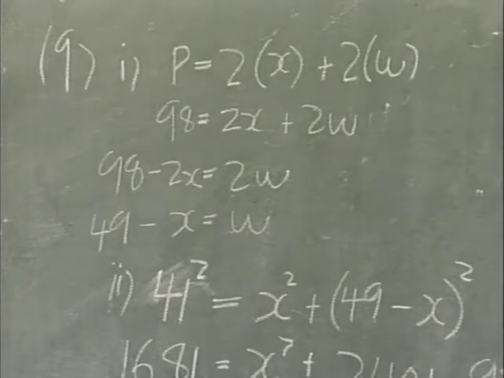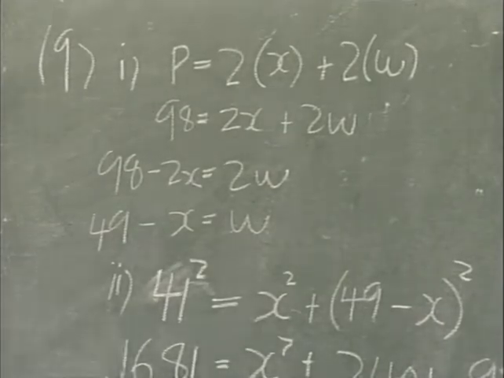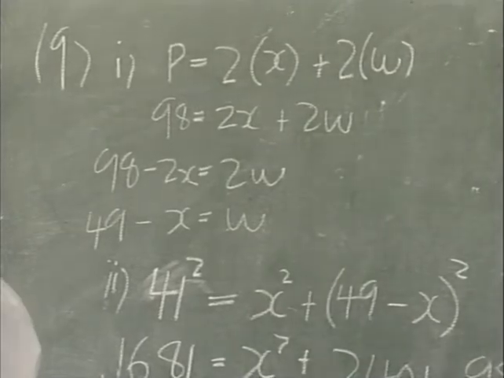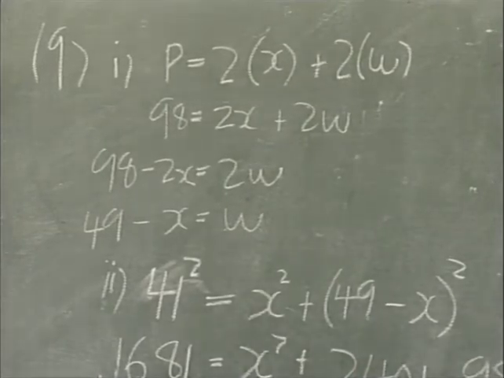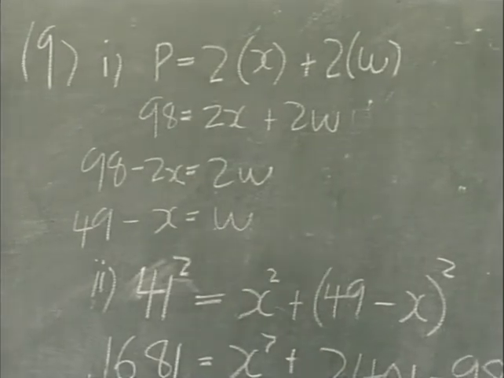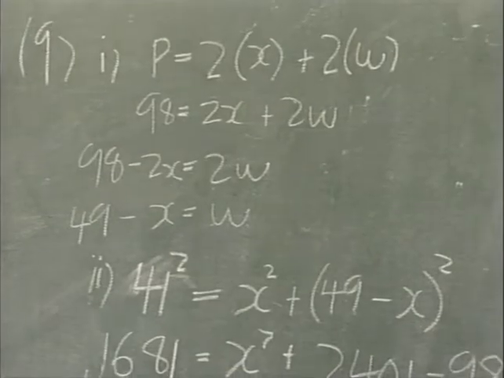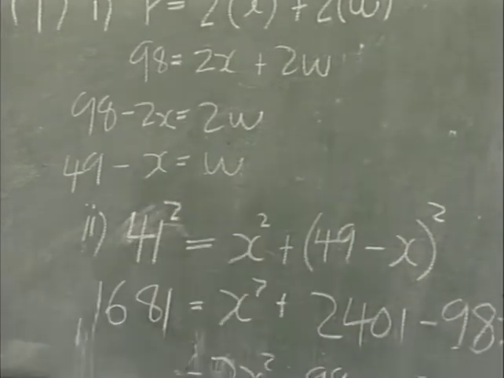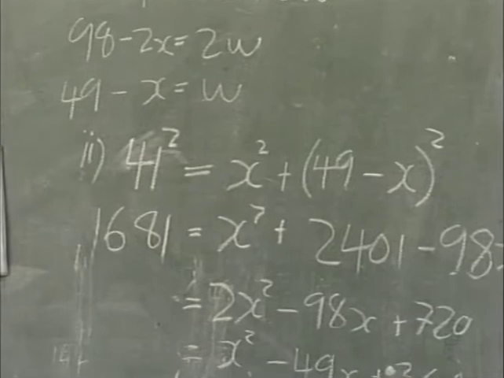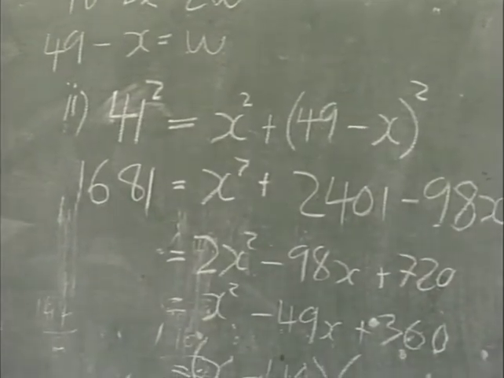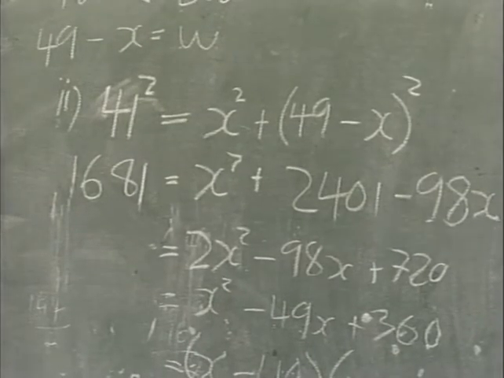Second question. Given that the length of each diagonal is 41 centimeters, write an equation in x. So the equation: 41 squared equals x squared plus (49 minus x) squared in brackets.